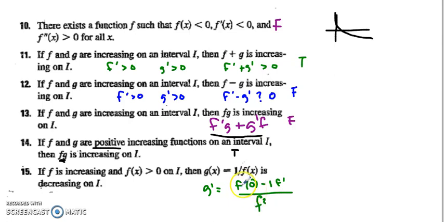So the first term here, f times 0, goes away by the zero product property, and then this says minus 1 times f prime. f is increasing, which means that f prime is greater than 0. So this is actually a negative value up top, and anything squared is positive. So this is a negative in total, which means that g prime is less than 0, and in fact, g must be decreasing, so this statement is true.